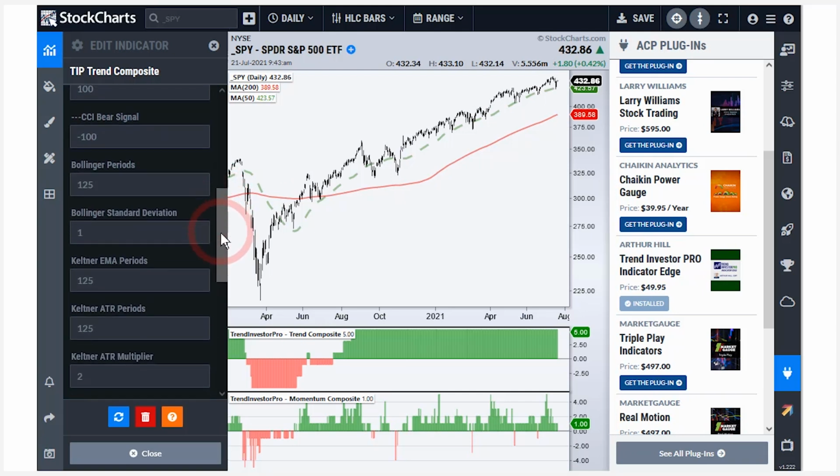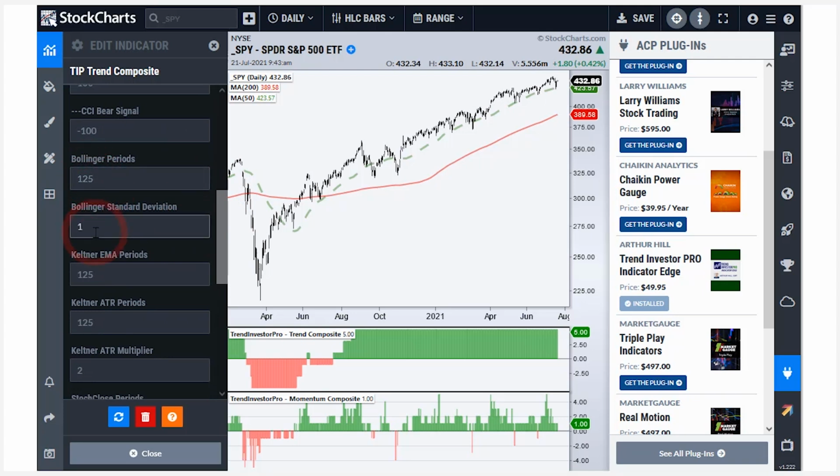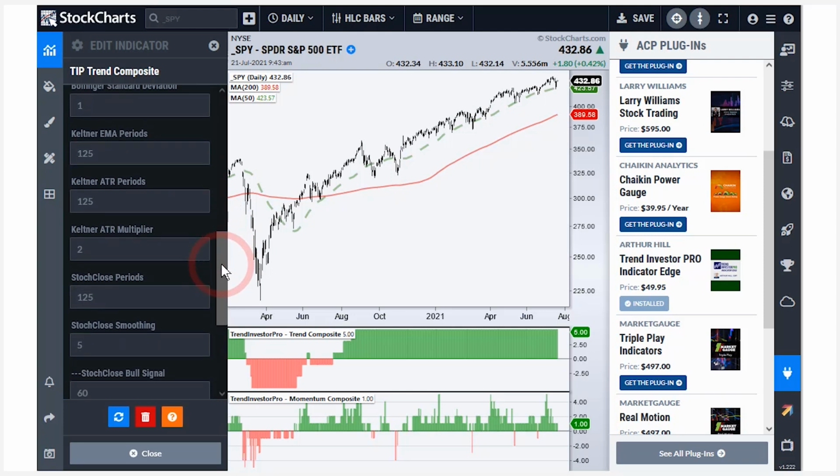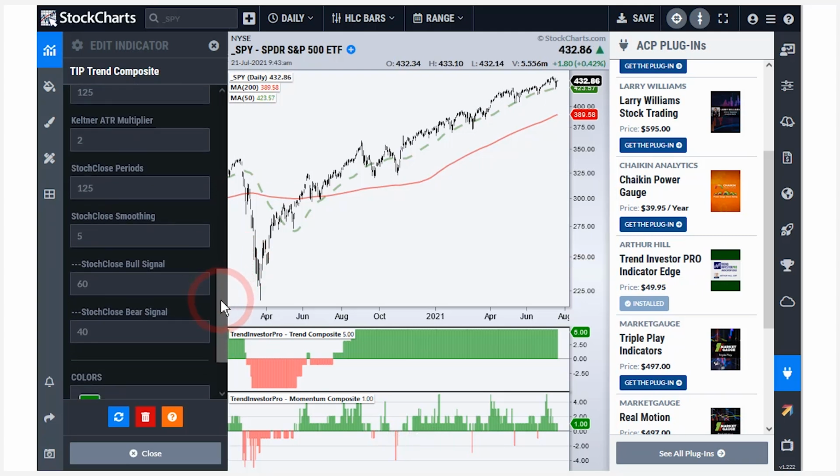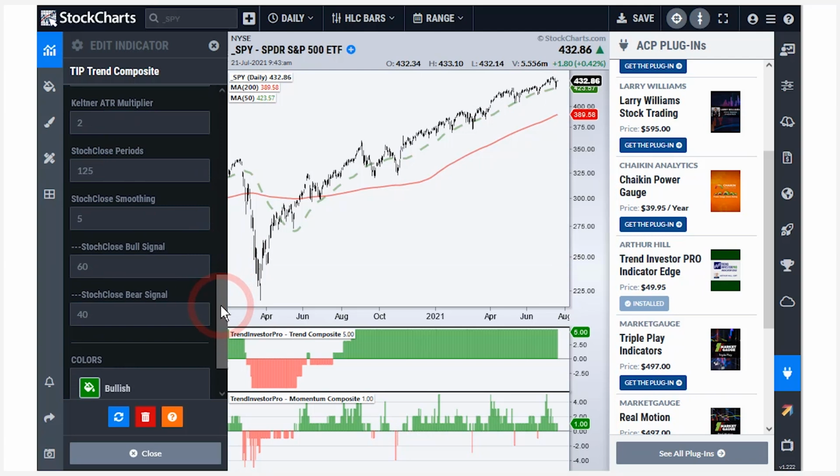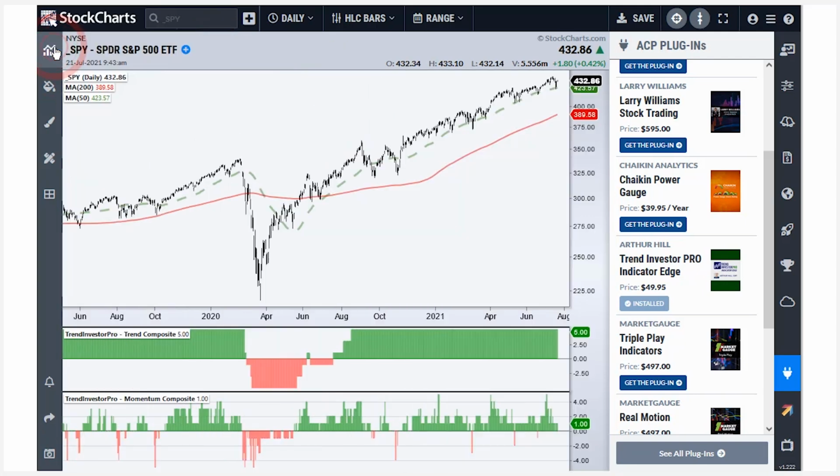I'm using 125-day Bollinger Bands with one standard deviation. I'm using 125-day Keltner channels with 2 ATR values to set the bands above and below that center line. And I'm using Stochastic Close 125. Again, there are more details about those indicators if you click on the link.